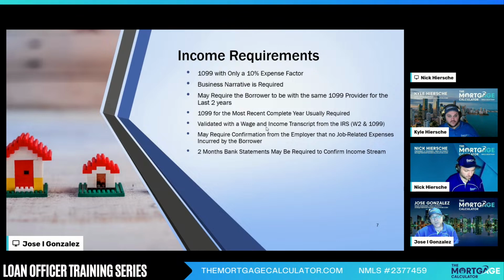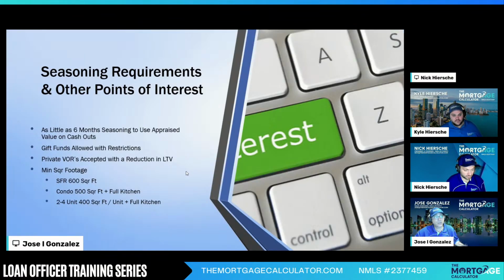So the expense factor in those cases may be higher than 10%. And also, very important to note, for some options, 2 months bank statements may be required to confirm the income stream. So, in the cases where you have VOEs and stuff like that, where you're using a workaround, then they may ask for additional support.